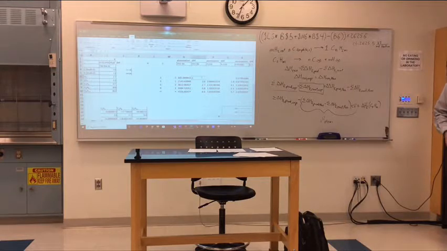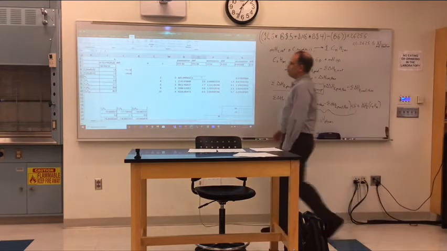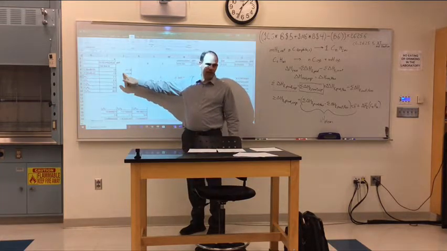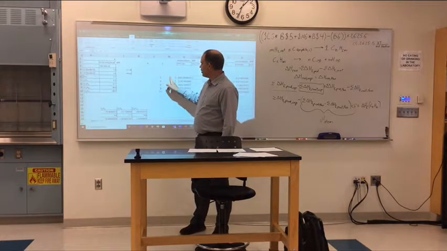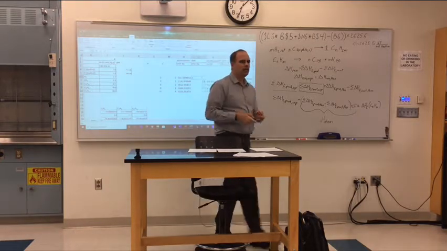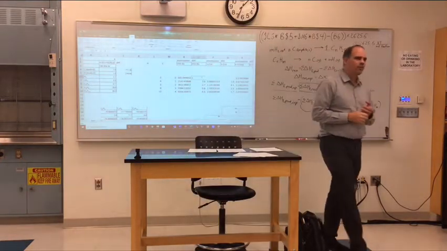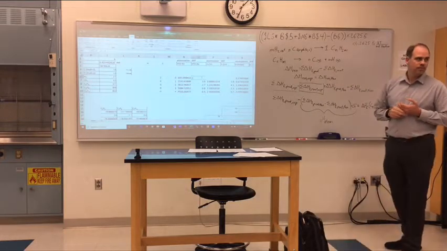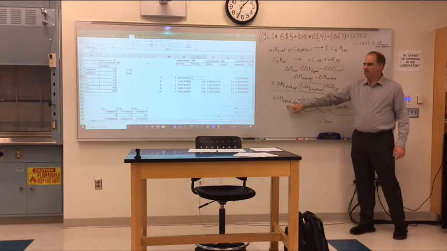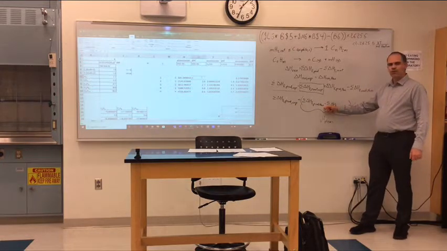One more time. We're going to take the number of hydrogens times the enthalpy of formation of the hydrogens plus the number of carbons times the enthalpy of formation of the carbons, add all those together, and that would be our total enthalpy of formation for all of our products. That would be this value. Then you're going to subtract from that the value sitting right next to it.